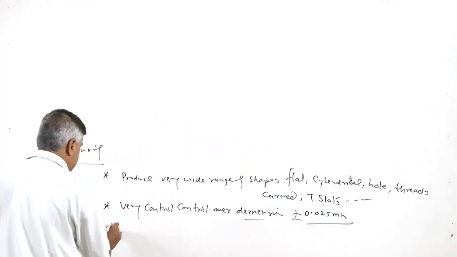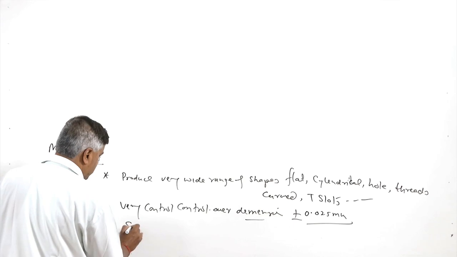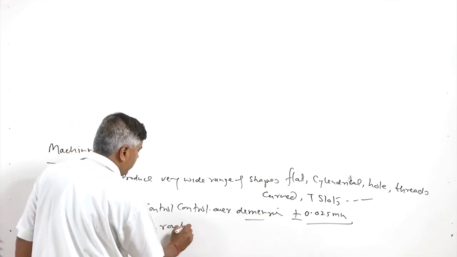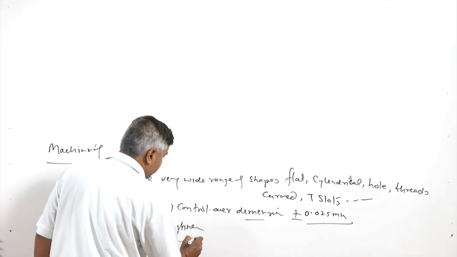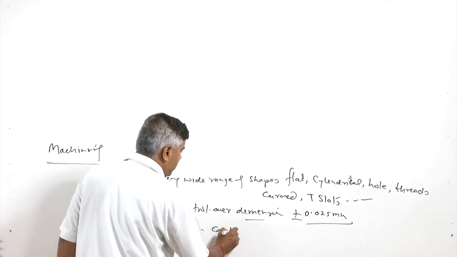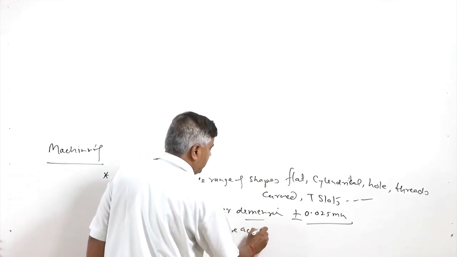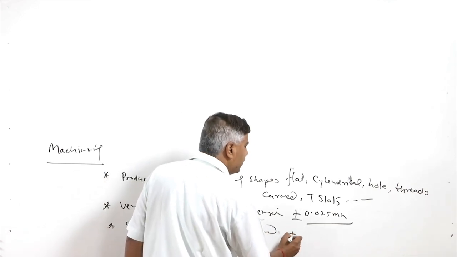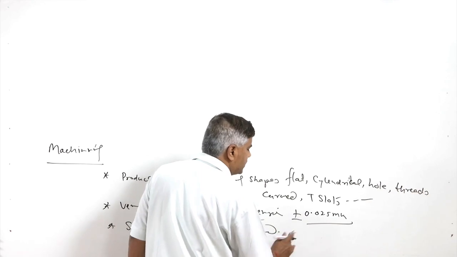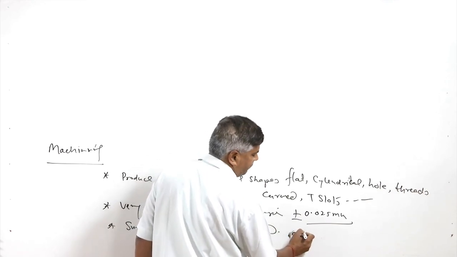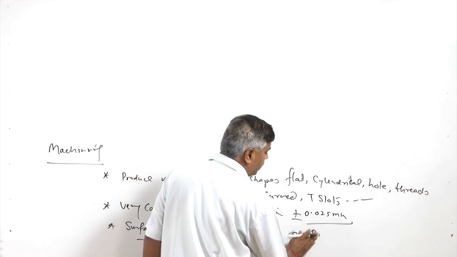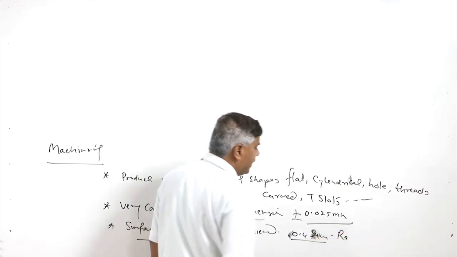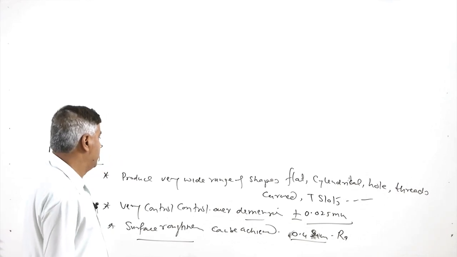And very low surface roughness can be achieved by the machining processes, which can be as low as 0.4 micrometer in terms of Ra as the surface roughness parameter.